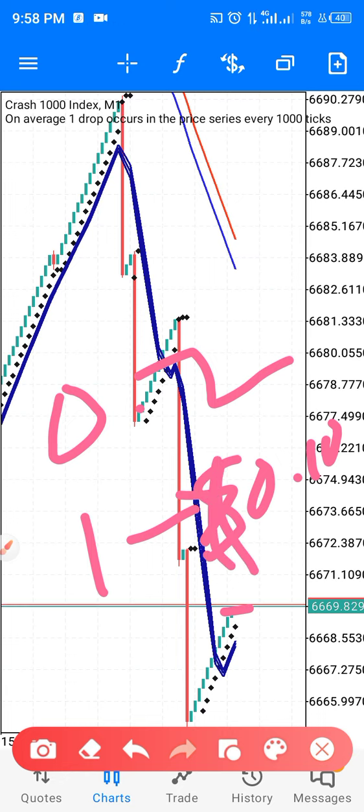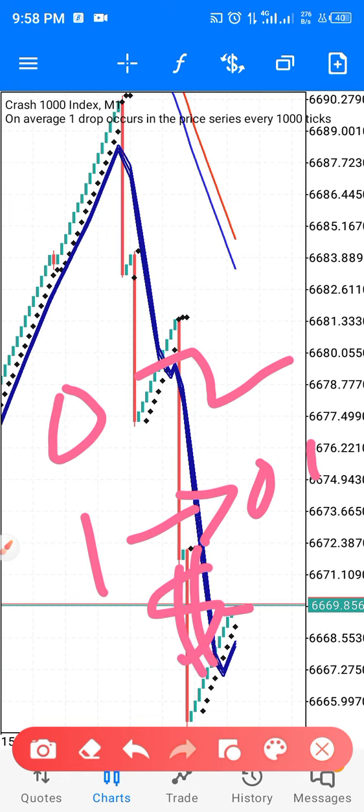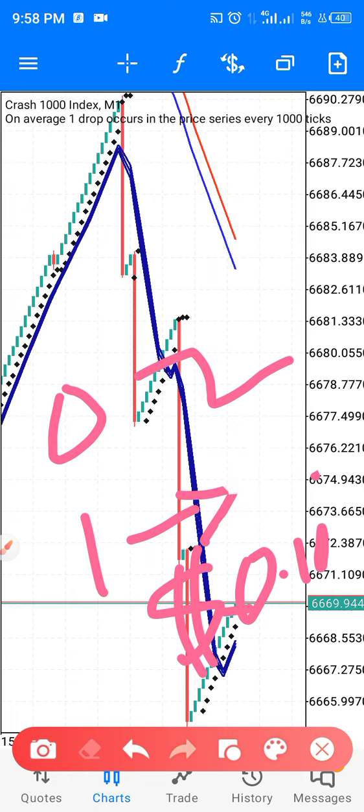This is dollar, okay? So it's going to give me $0.10 per move.